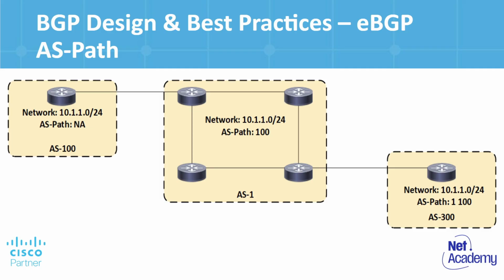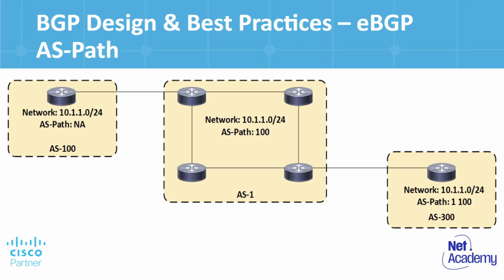This is pretty similar behavior to what we see with the next hop attribute in iBGP, right? It's being changed when it exits and enters a new autonomous system. Same thing when it leaves AS1 and goes to AS300, we will see that I've got an AS path of 1 and then 100.